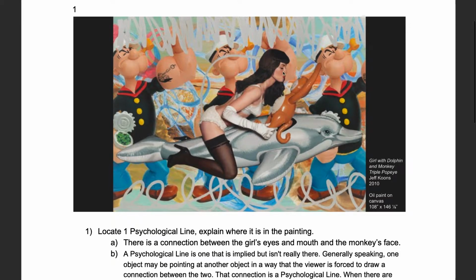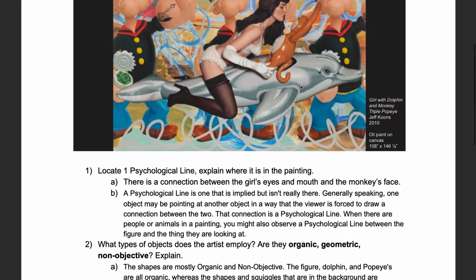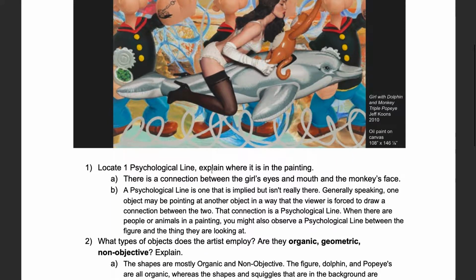Psychological lines aren't actual lines, they are ones where one object might point to another object. So, what I wrote is there's a connection between the girl's eyes and mouth and the monkey's face.